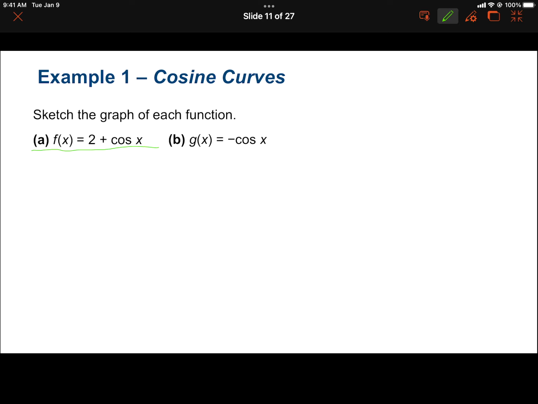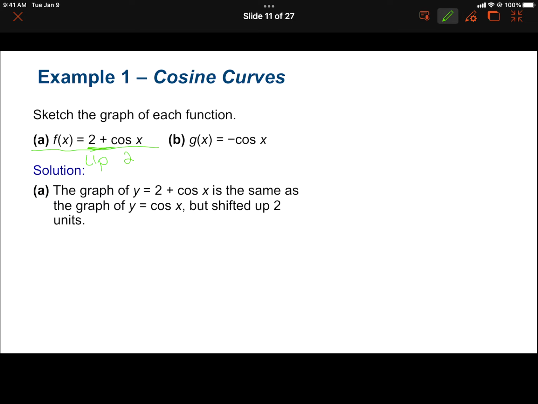Well, remember, if I'm adding 2 on the outside of the function, that just means that the function is going up 2. You're going to take that cosine function we just graphed, which is this blue one down here, and move it. Instead of starting at 0, 1, you're going to go up 2, and it's going to be up here at 0, 3.